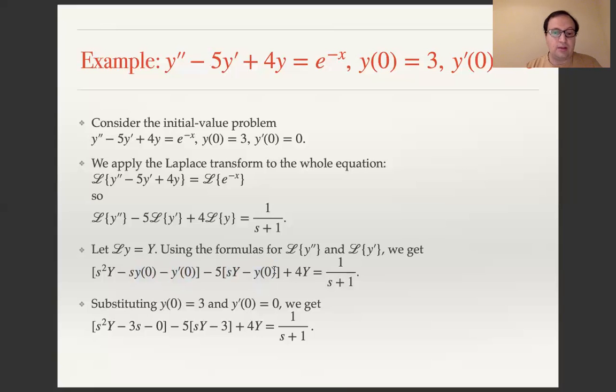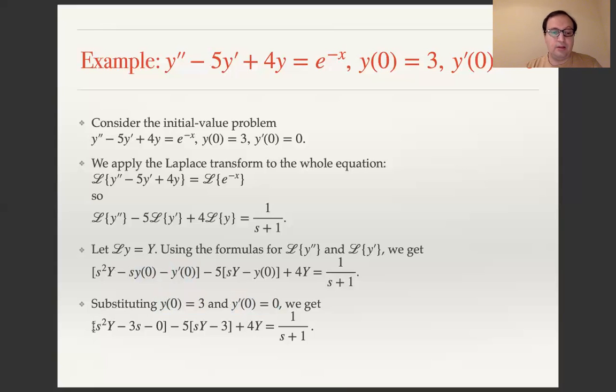Right? So now in this new equation, after we applied the Laplace transform, the only unknown is capital Y. That is because we are given the initial conditions, so we know what y of 0 and y prime of 0 are. So let's substitute them into the equation. y of 0 is 3, and y prime of 0 is 0.